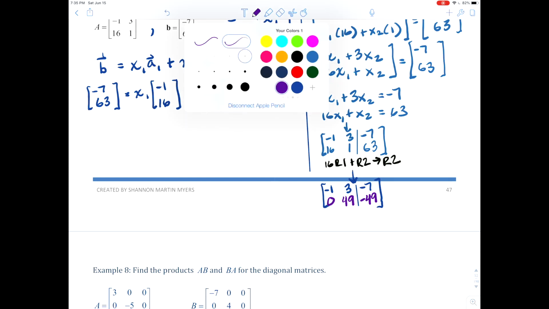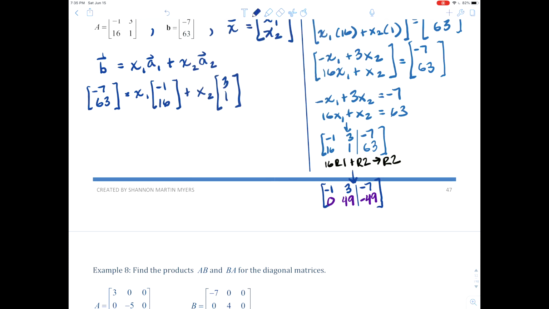And so this corresponds to the system negative x1 plus 3x2 equals negative 7, and 49x2 equals negative 49.